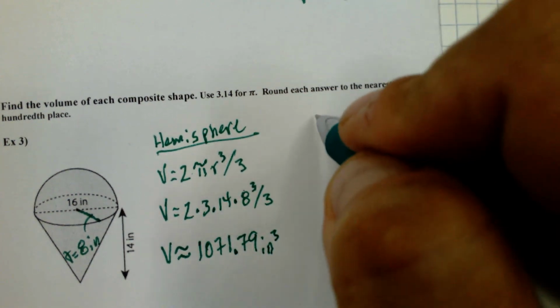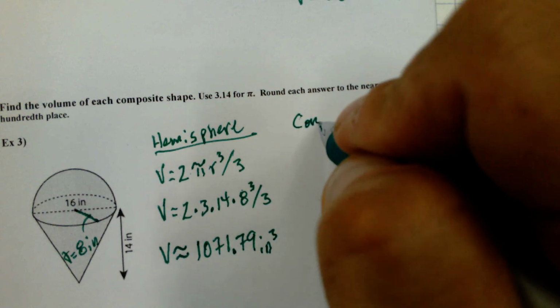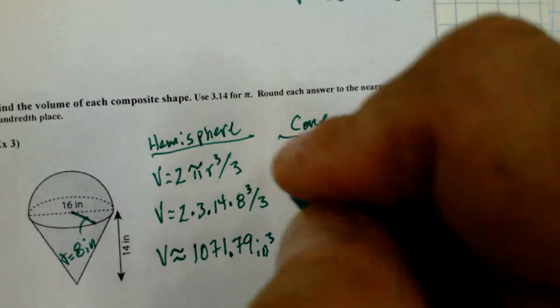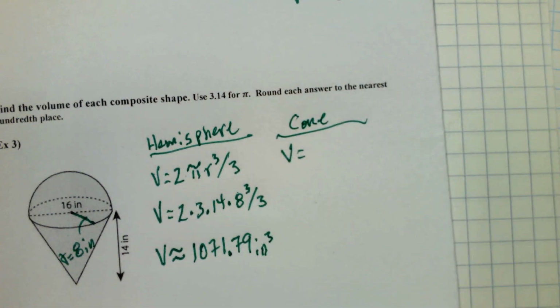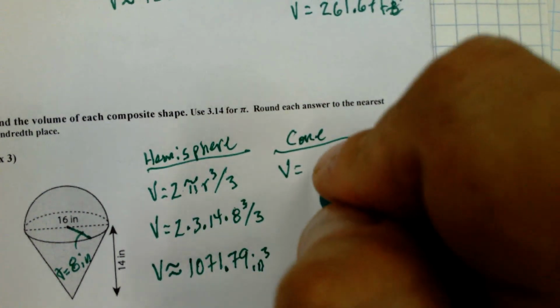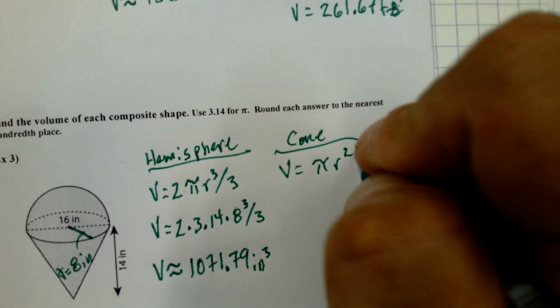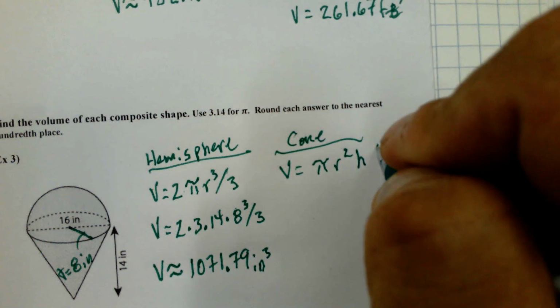And then we're going to do the cone. So it's real important to know the formulas. Volume for a cone is pi radius squared times the height of the cone, and then divided by 3.